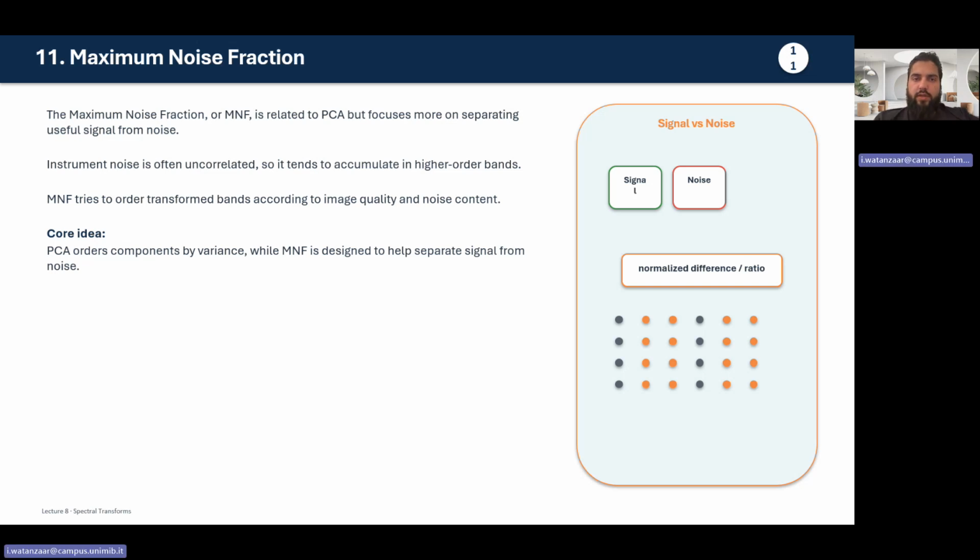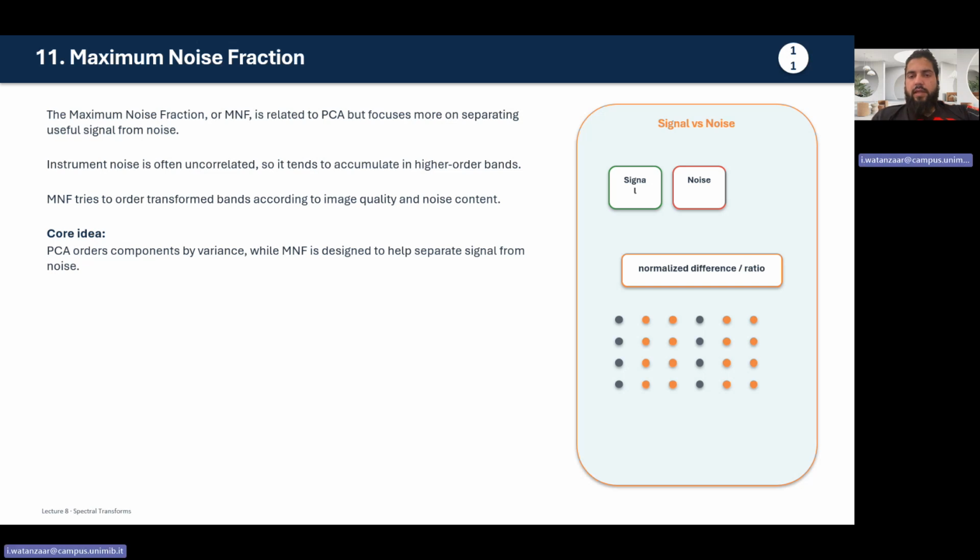Maximum noise fraction. Okay, signal versus noise. The maximum noise fraction, or MNF, is related to principal component analysis, or PCT, but focuses more on separating useful signal from the noise.